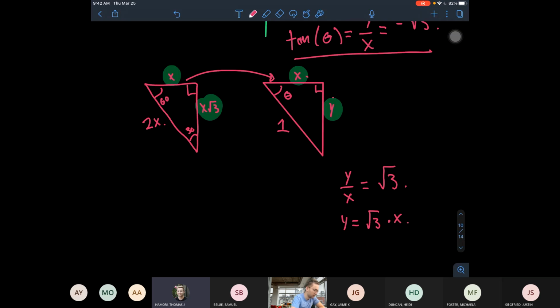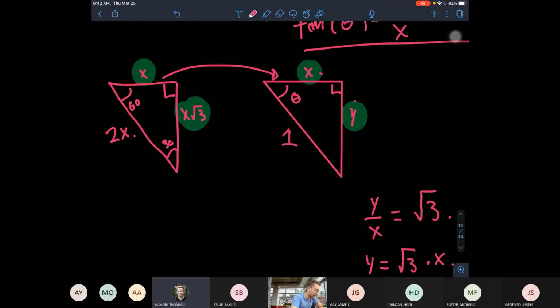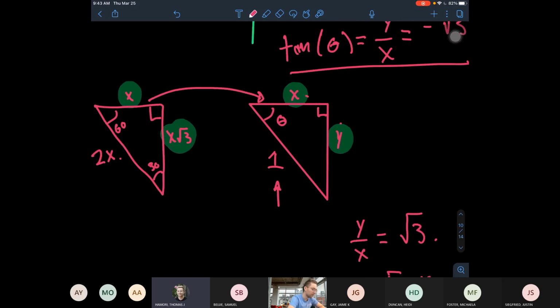So if this side is then 1, what should the length of x be? This is what I want to know.